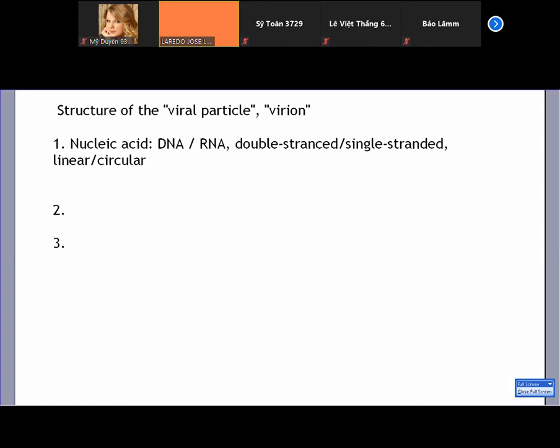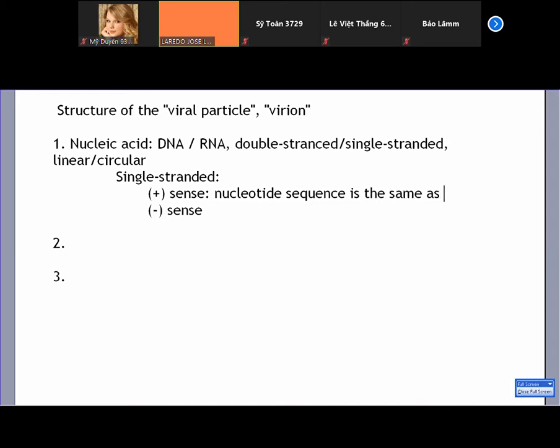And when the nucleic acid is single-stranded, it may have positive sense or negative sense. What is this? We say that the nucleic acid is single-stranded with positive sense when the nucleotide sequence is the same as the messenger RNA that they transcribe.